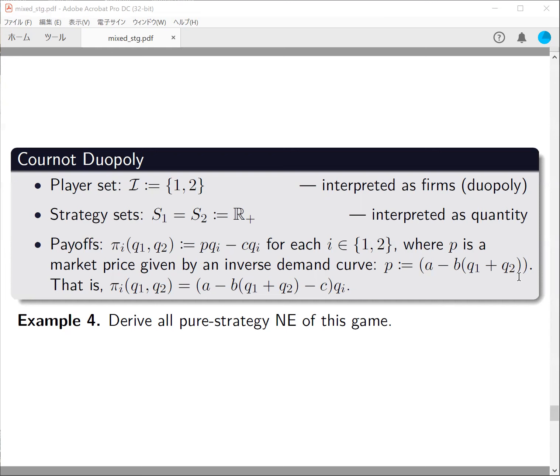Plugging this inverse demand function into firm i's profit function gives firm i's profit as a function of rivals' output. We are going to derive all pure strategy Nash equilibria of this game.